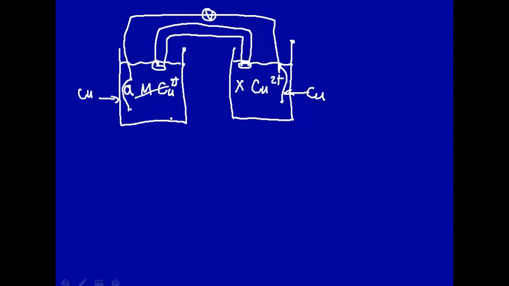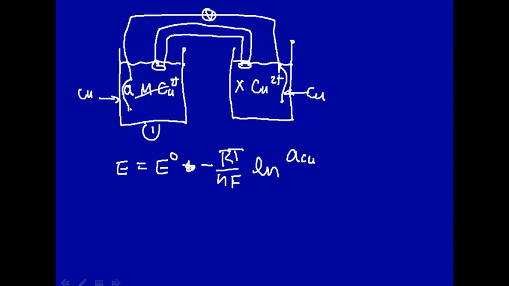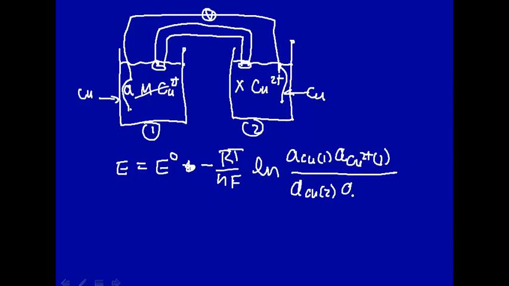Let's write the Nernst equation for this. We'll measure a particular cell voltage. Cell voltage will be E. That will be the standard state cell voltage minus RT over NF times the natural log of the activity of copper in side 1 times the activity of copper 2+ in side 1, divided by the activity of copper in side 2 times the activity of copper 2+ in side 2.